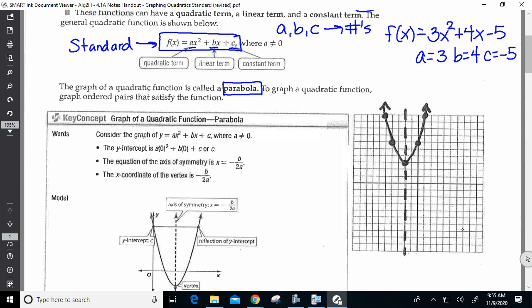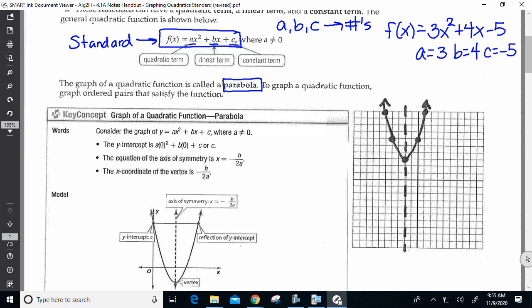Let's start looking at the key elements of a graph. When you have a parabola, the first notable thing is something called the vertex. The vertex is the highest or lowest point of the parabola.